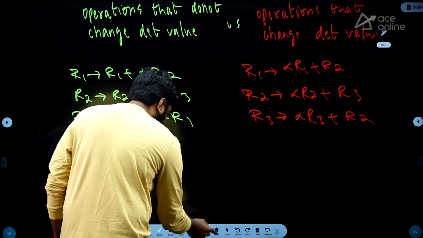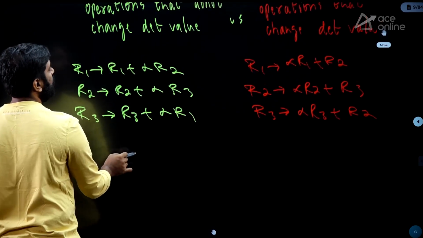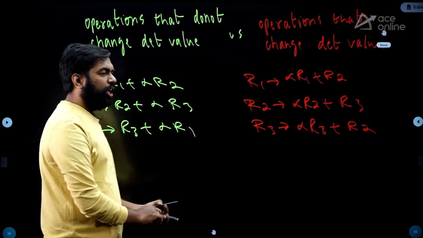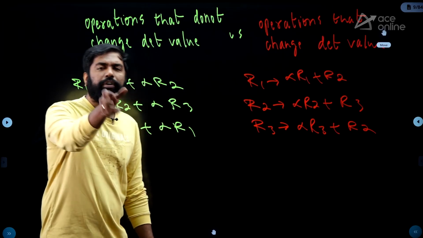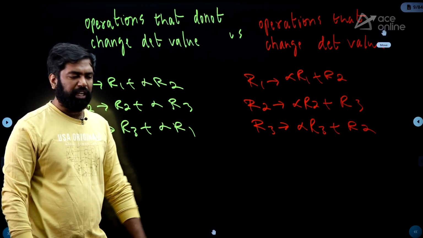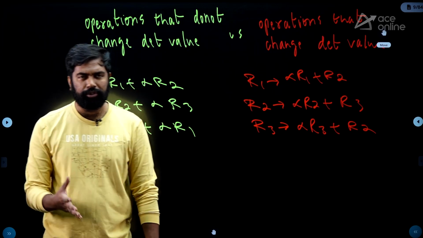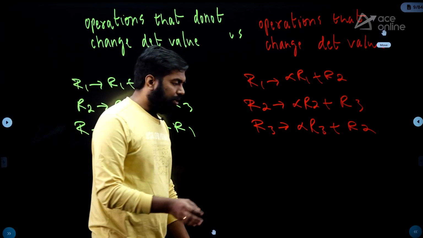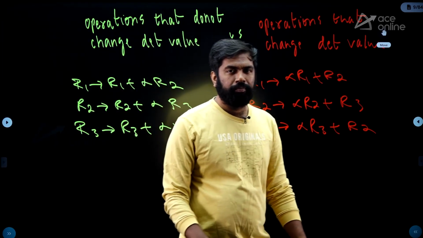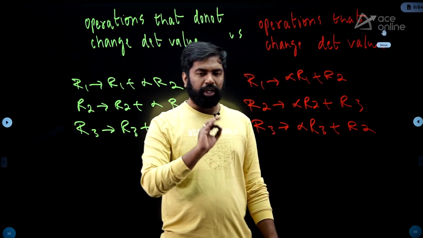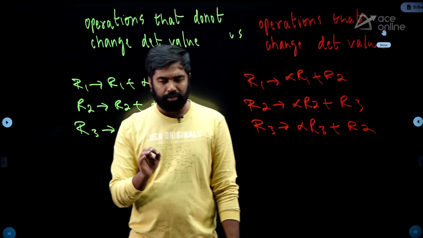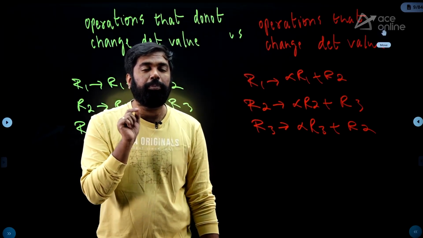Now, I have observed this pattern in the GATE examination. There were crucial questions where the matrix would be big, 4 cross 4, 5 cross 5, 6 cross 6. Please remember, in the GATE examination, if you get such a matrix, patterns would be there.